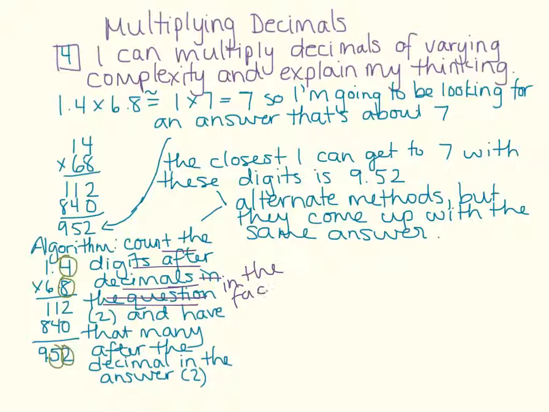Because, of course, these 2 numbers are factors. The answer is a multiple. So they have that mathematical knowledge and they can use that mathematical terminology.